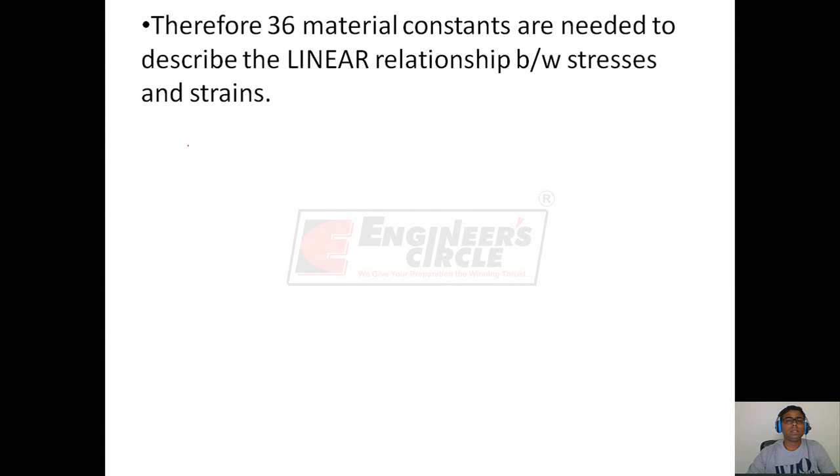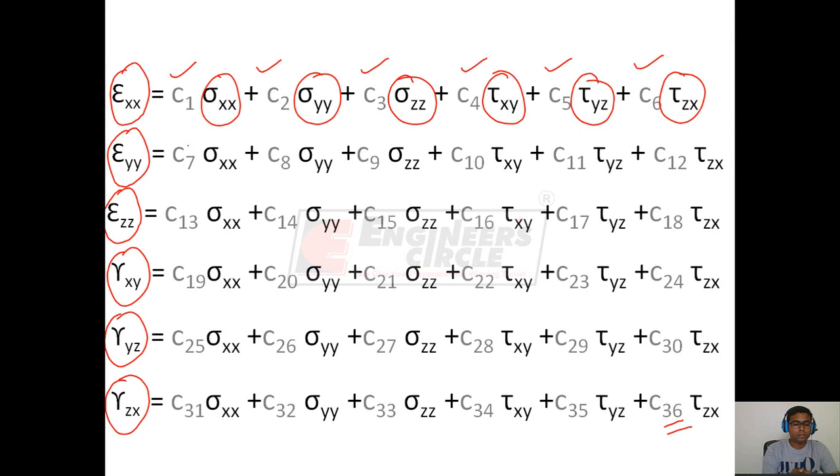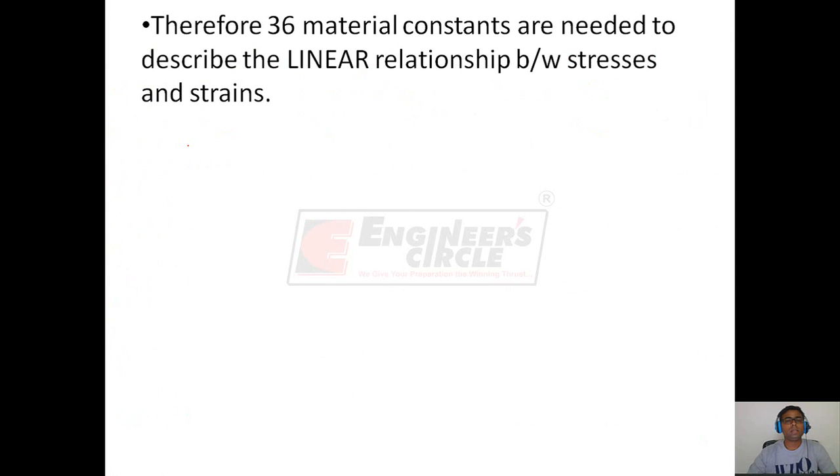Therefore, 36 material constants are needed to describe the linear relationship between stresses and strains. It can be seen that this strain is related only linearly with the stress component, that is, it is raised to the power 1. So this linear relationship requires 36 material constants.